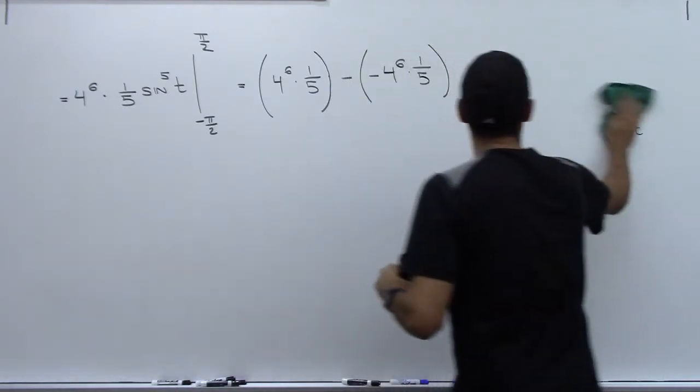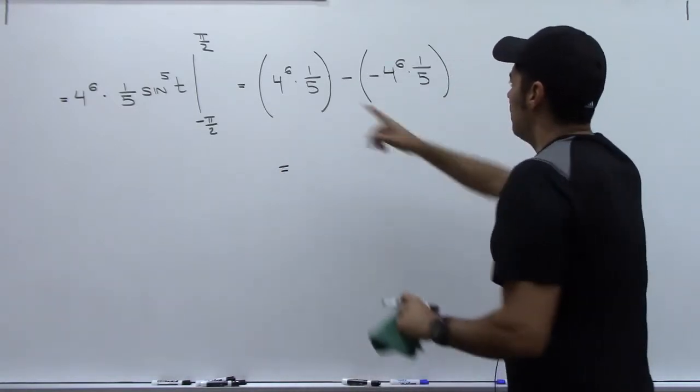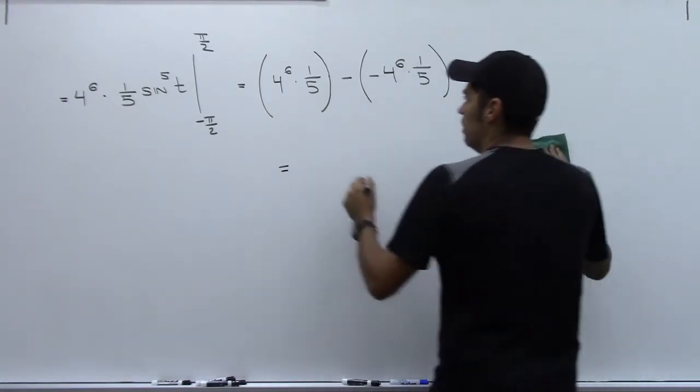I get a negative and negative, which is positive. So I'm basically adding that to itself, so I get 2 of them.